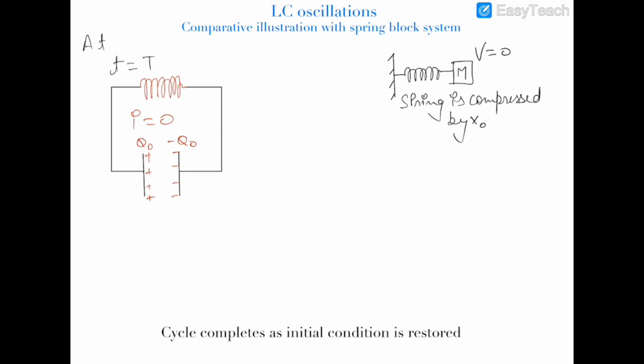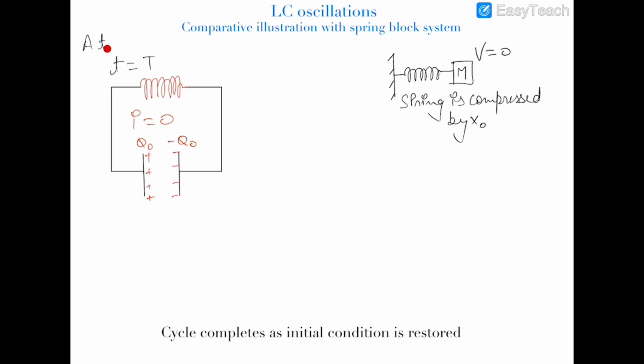Now finally, at the last instant of time t, which is capital T, the complete time period, the inductor has again given its complete energy to the capacitor, and you can notice that this polarity of the capacitor is the same as the polarity at t is equal to 0. So the initial condition of the capacitor and inductor is regained: initially the inductor has 0 energy and the capacitor has half q naught square by c energy with this polarity, and this condition has been restored.